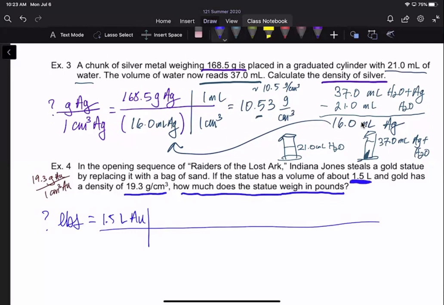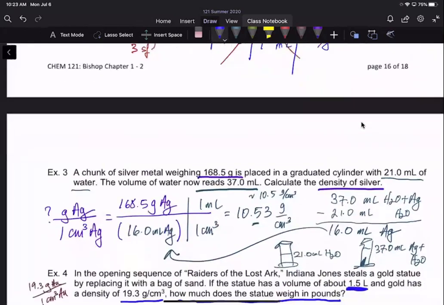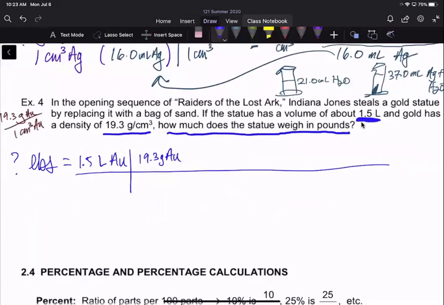I'm just going to line it up. 19.3 grams of gold, and that's a mass, so that's something that I can convert into pounds pretty easily. And that is for 1 centimeter cubed of gold.